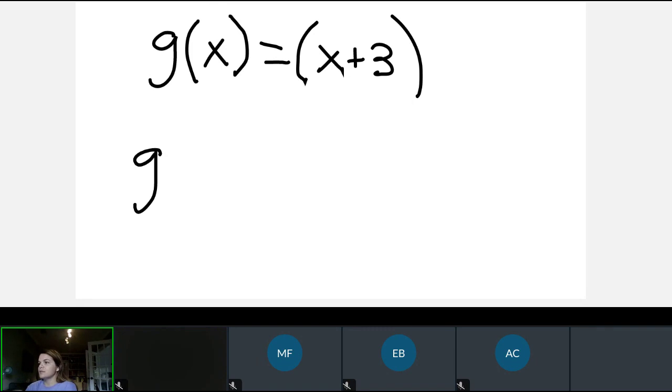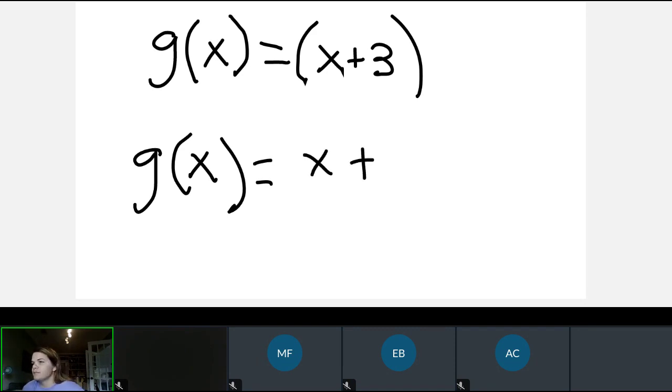G of x, that's just the name of the function, Angel. It's just telling us it's a new function. All right, so this g of x, this top one, and the bottom one, these are 2 different things.